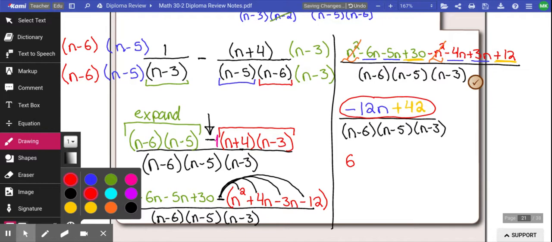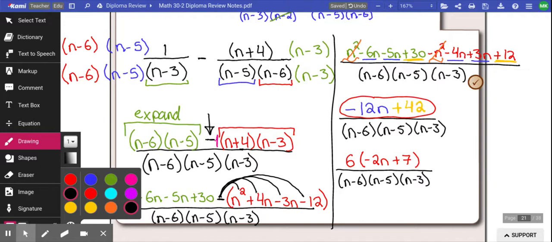In fact, I could take a GCF of -6 out if I wanted to reverse which order those numbers come in. I'm just going to do 6 for now because it's not going to make a difference. If I do that, that leaves me with -2n plus 7. And the denominator stays the same. So I know I'm done the question when I can't factor, I look at that, I can't factor it.